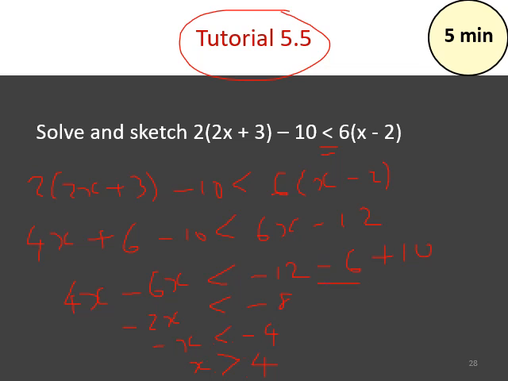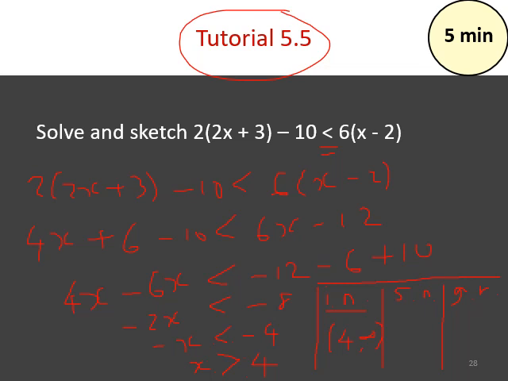We're going to express it in three ways. The first way is the interval notation, the set notation, and also geometric representation. For the interval notation, it is expressed using the bracket. x is greater than 4 and it can go beyond to any positive value.